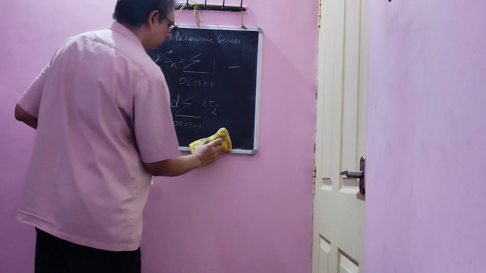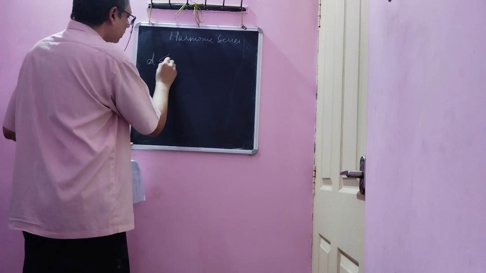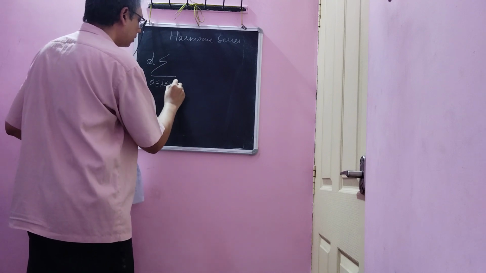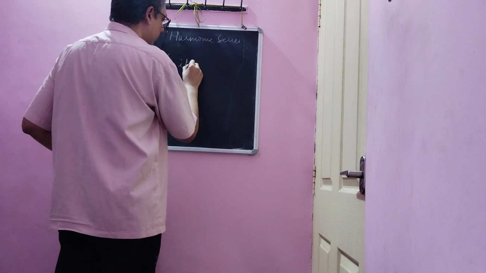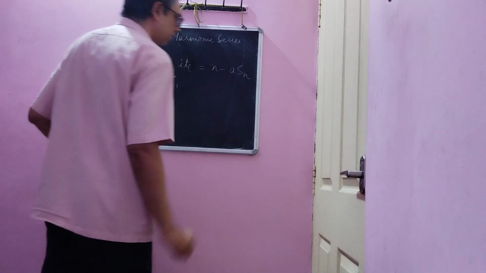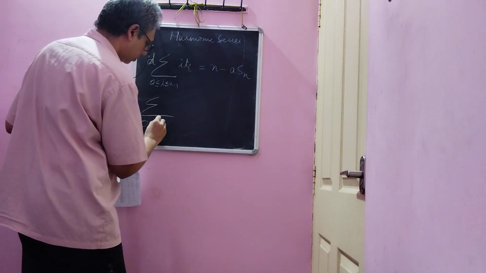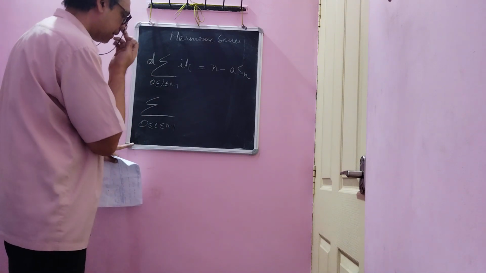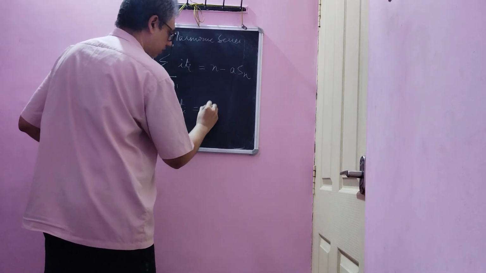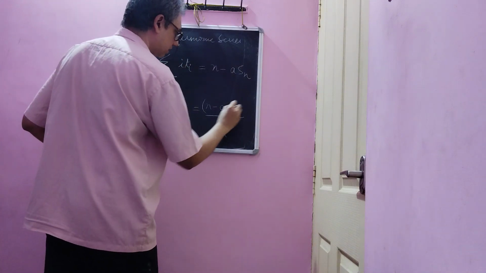Therefore, we will have D into the summation of i times Ti will be equal to n minus A times Sn, or the summation of i times Ti is equal to n minus A times Sn whole divided by D.